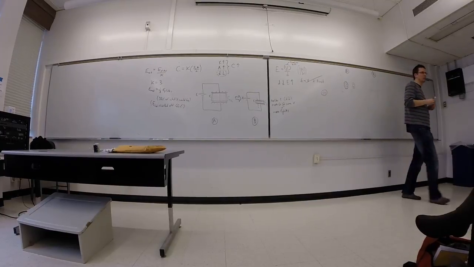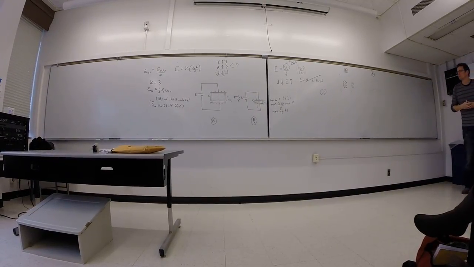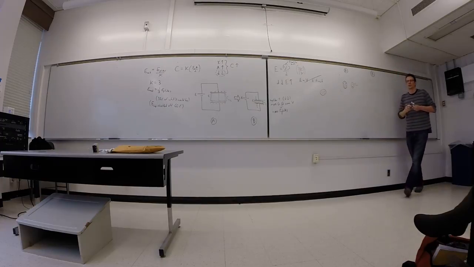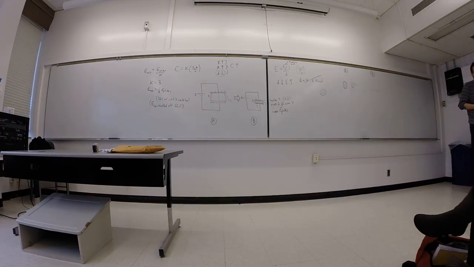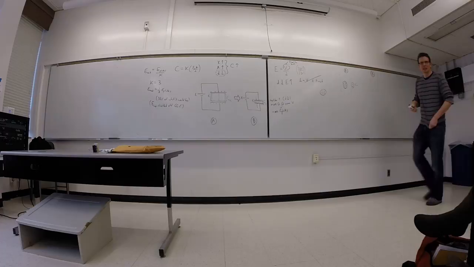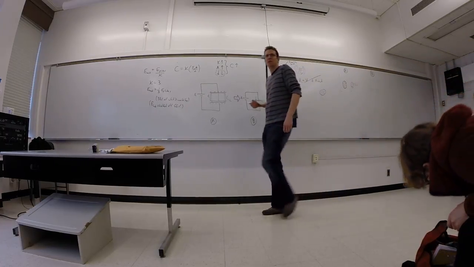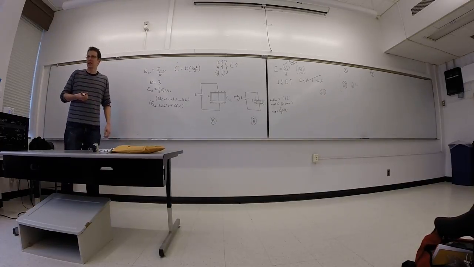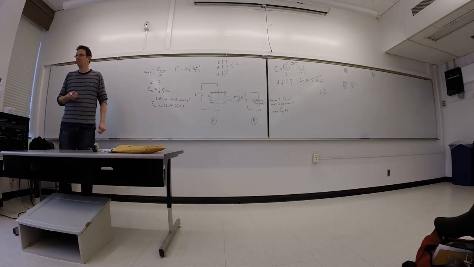We have what's called an induced dipole. And of course, now that we have this, this is what produces E induced, right? That's where E induced comes from, the morphing of the atoms in the material.